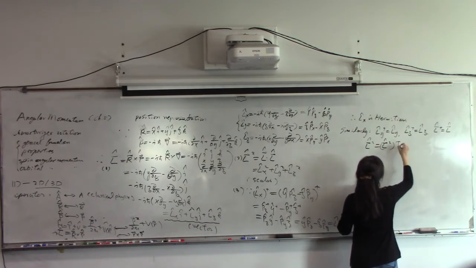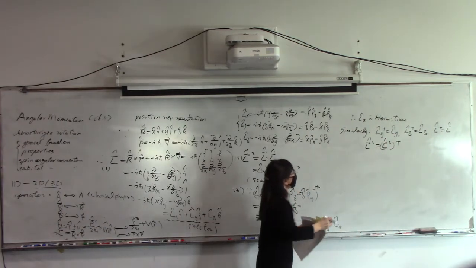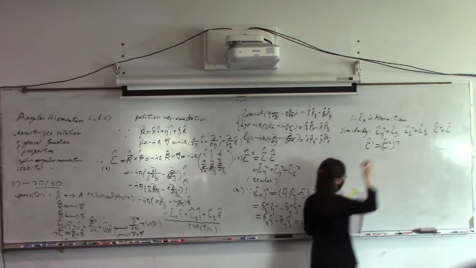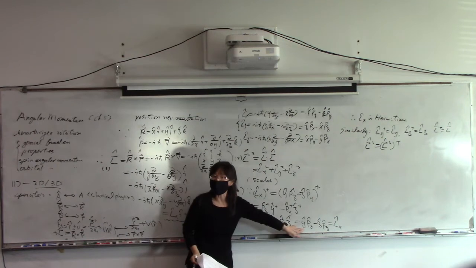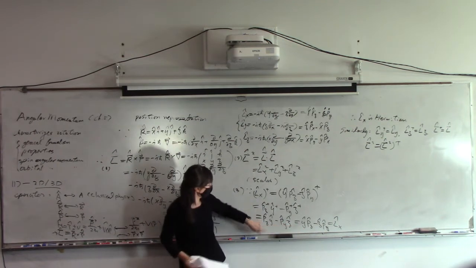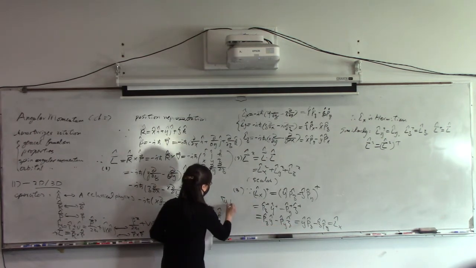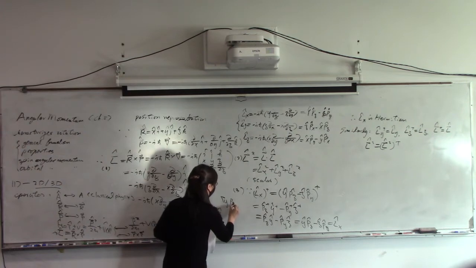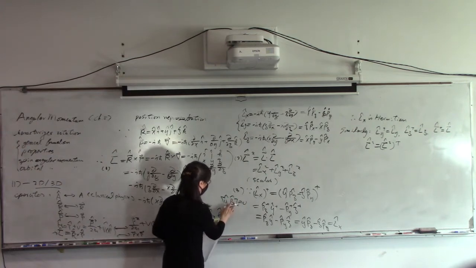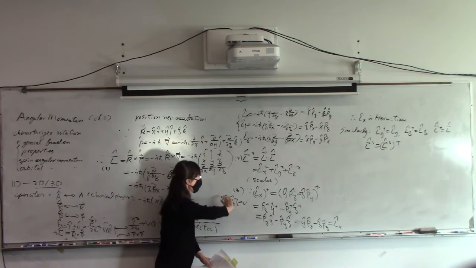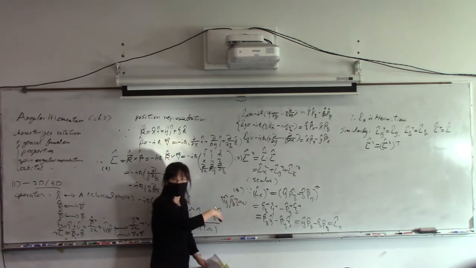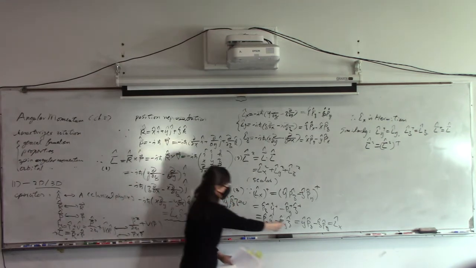From here to here it makes sense, right? Because y and pz are not the same component, they commute, so y pz equals pz y, and I can change the order.